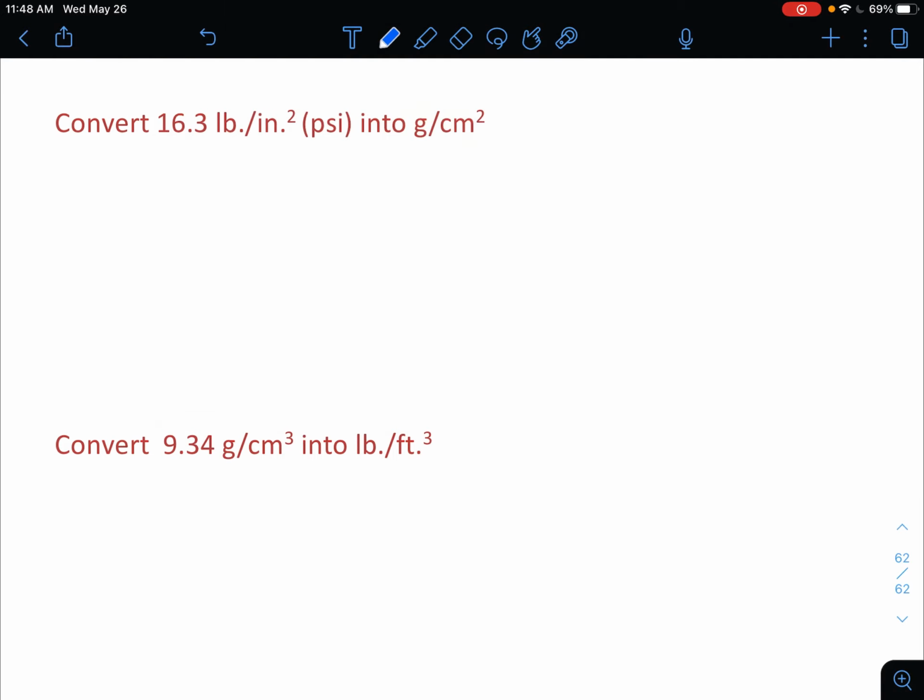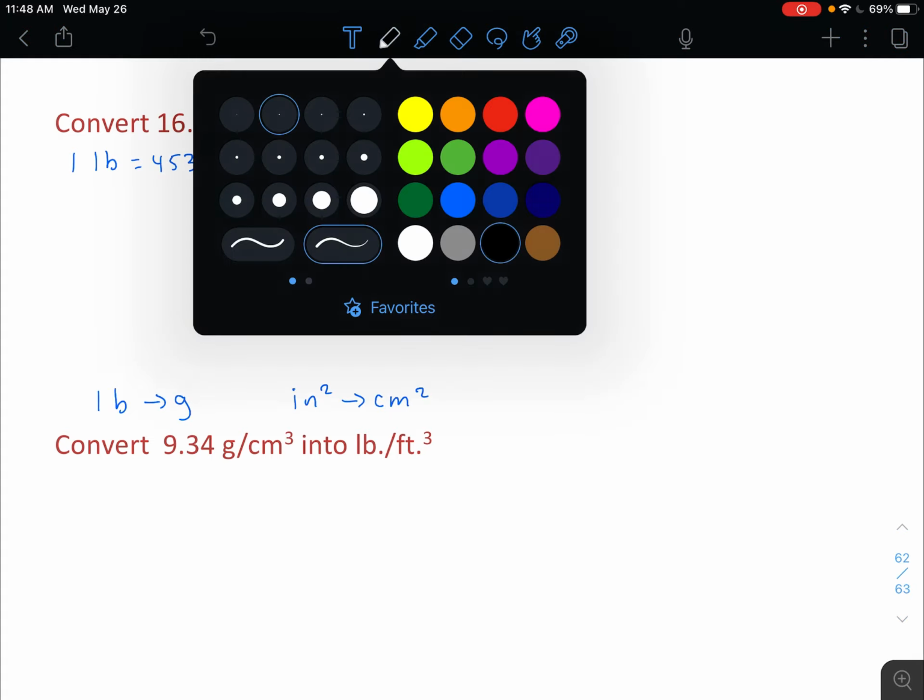So let's follow the approach I've been following, gather my conversions. 1 pound equals 453.6 grams. 1 inch equals 2.54 centimeters. And I'm going to go from pounds to grams, and then from inches squared to centimeters squared.